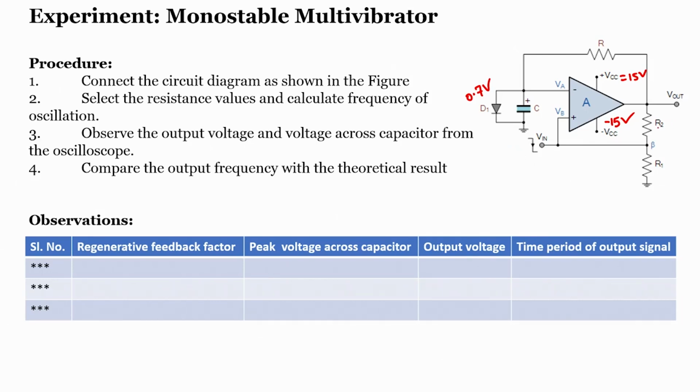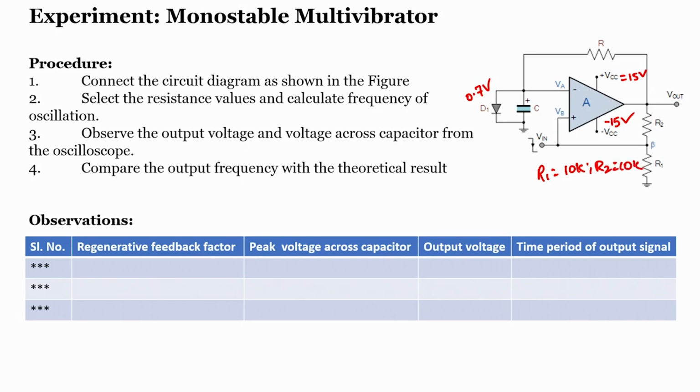Then what values of R1 and R2 do we select? We select R1 as 10 kilo, as we have seen in the astable as well as in the Schmitt triggers. We are considering R1 as 10 kilo as well as R2 as 10 kilo, right.